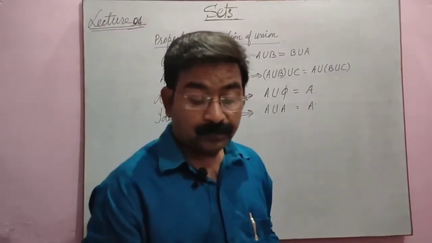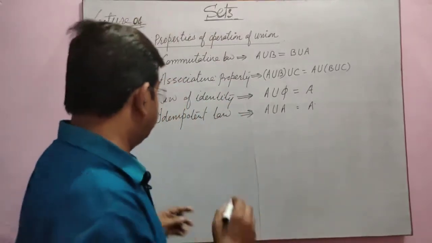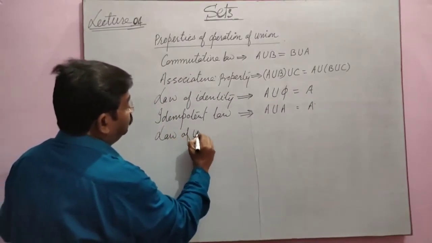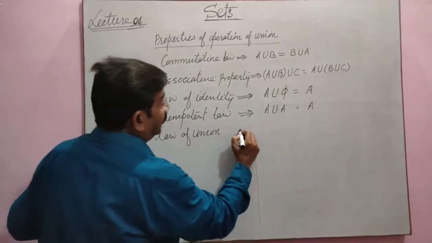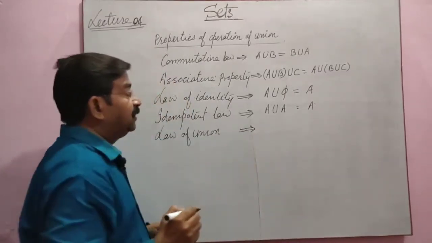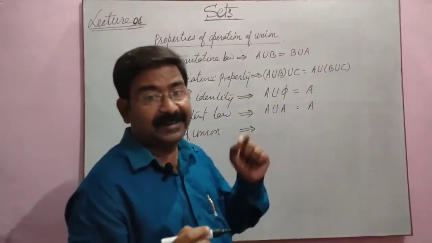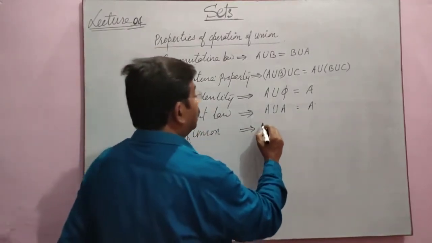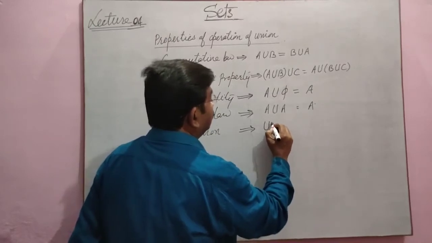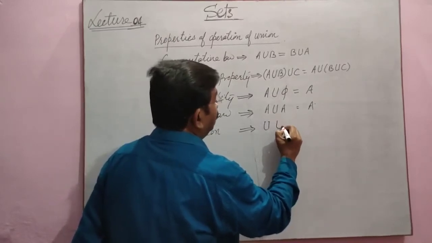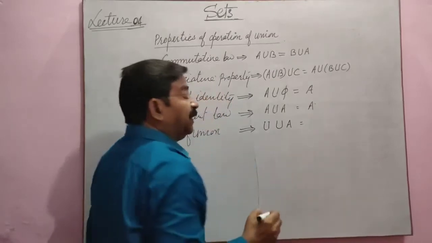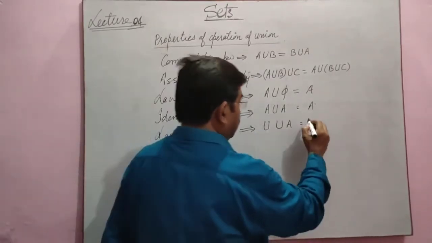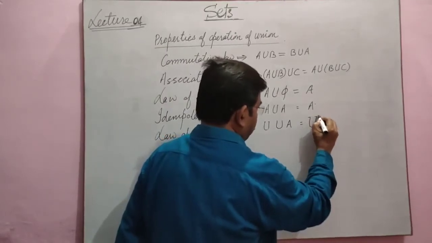Now the law of union. It means if we find the union of a set with the universal set, U union A is the same as the universal set.